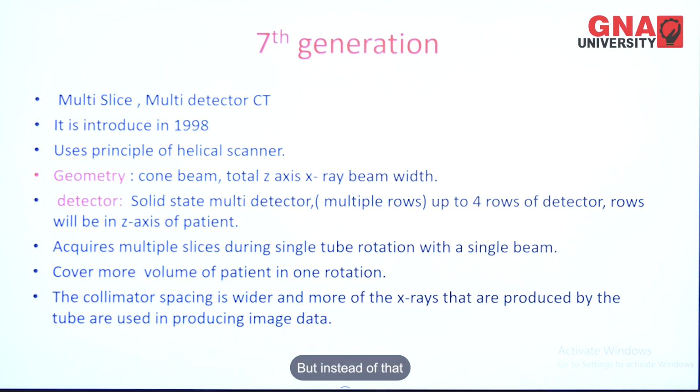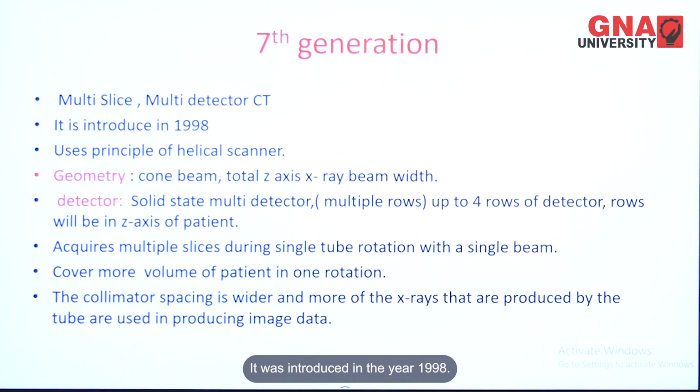But if we use multiple detector arrays, it means that during one single scan, rather than acquiring one single slice, we will be able to acquire multiple slices. So that is what multi-slice and multi-detector CT means.